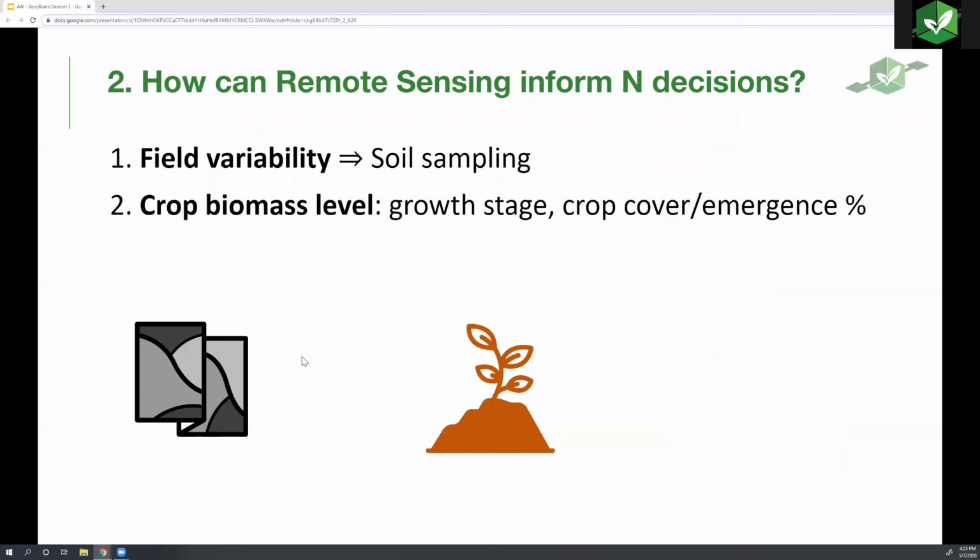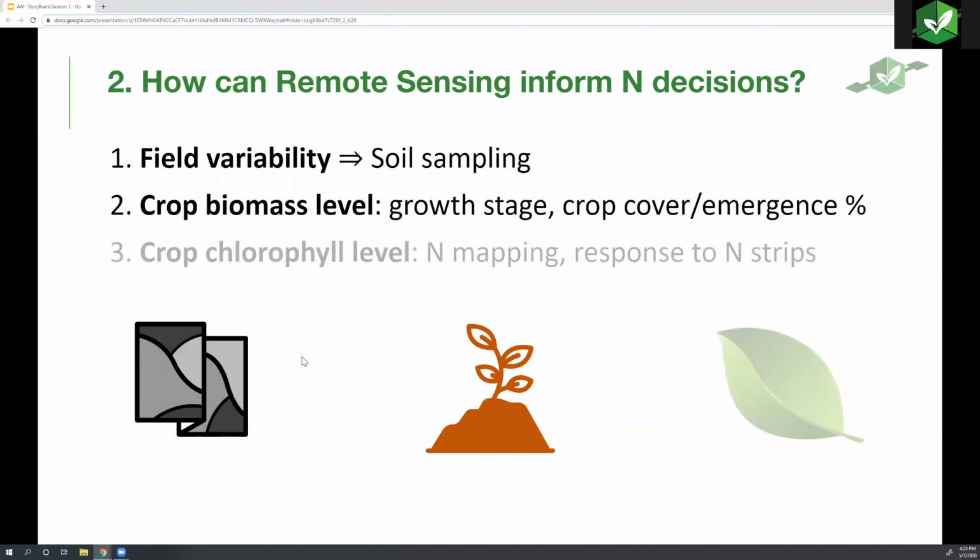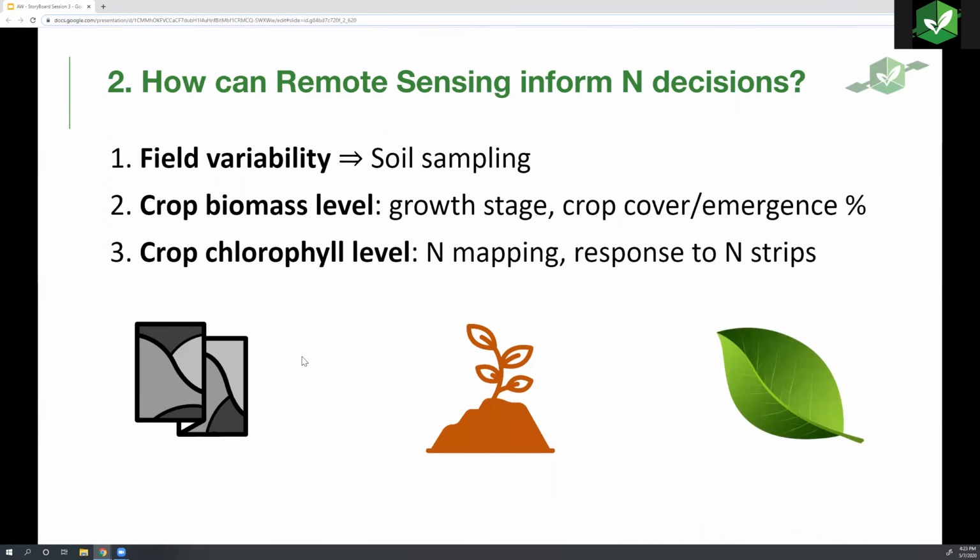Another source of data I just want to go over briefly before talking about the models is the crop chlorophyll level. This practice is very common in high value crops, in potatoes and cotton. A lot of the agronomists, and I know a lot of people on the call today, actually take petiole samples and then they test them and identify the chlorophyll level.